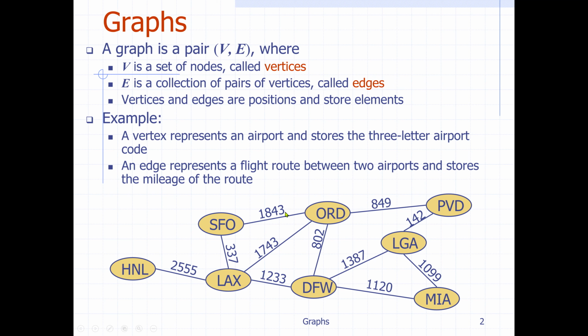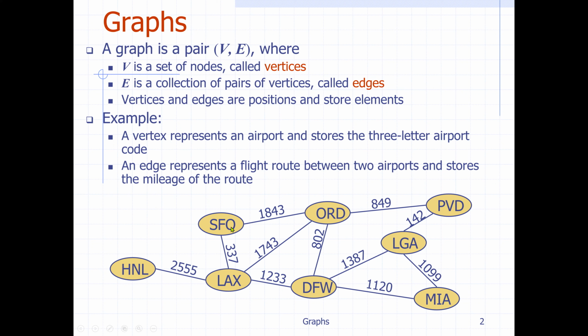This 1843 can represent the flight number or the mileage from SFO to ORD. So here we see an example of a vertex representing an airport, and it stores the 3-letter airport code. An edge represents the flight route between the two airports, and it can also store the mileage of the route.